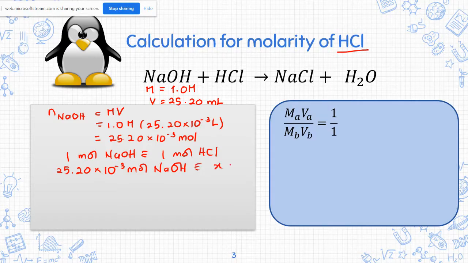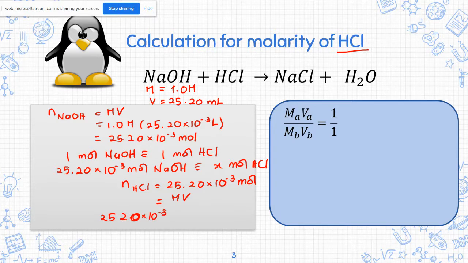Okay, right? So are you with me? I hope you can follow my calculation. So in this case, we have the mole of HCl to be 25.20 times 10 to the power of negative 3, and similarly, it equals M times V. And now we can calculate the molarity of HCl.